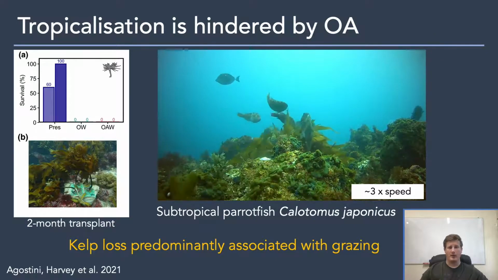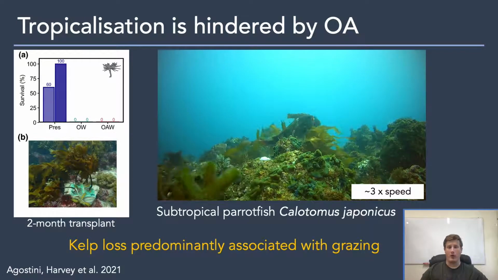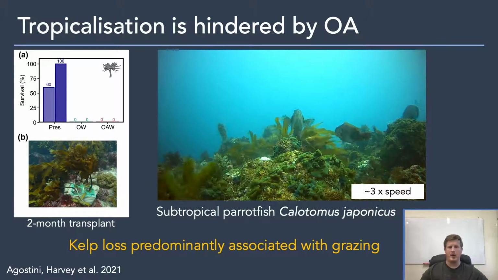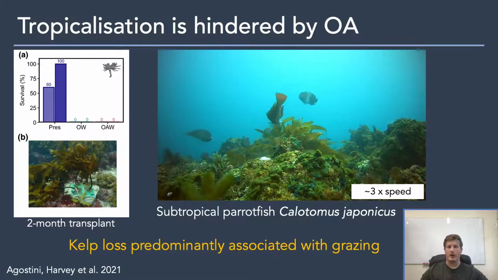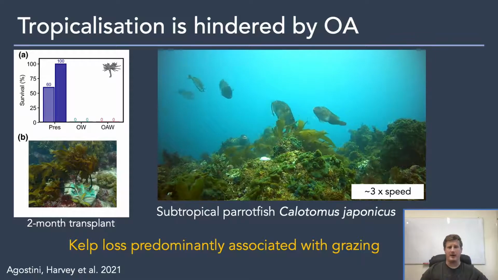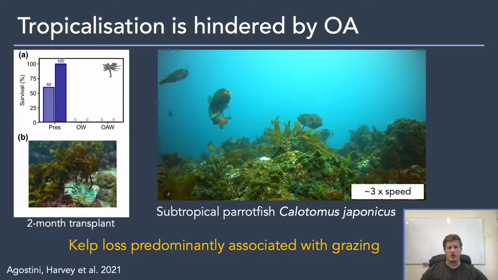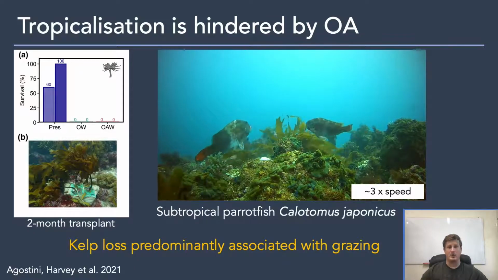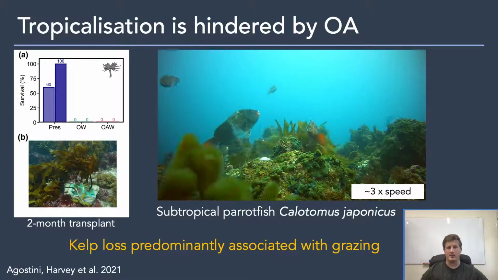We found that there was actually zero survival of any of the kelp within the Shikine control or CO2 seep environment, and so we set up a series of cameras to get a better idea with some additional kelp, and we found that the subtropical parrotfish would often come in and be eating this kelp within a very short duration, leading to the kelp being almost entirely removed within a matter of hours.